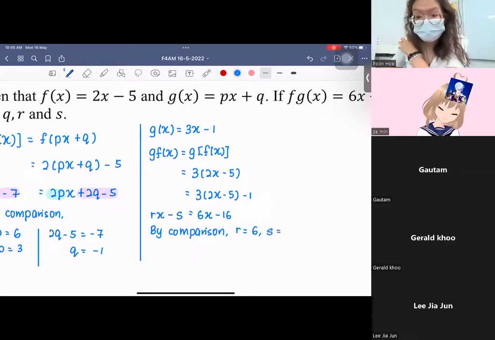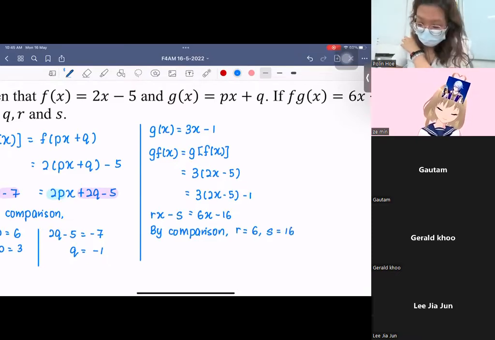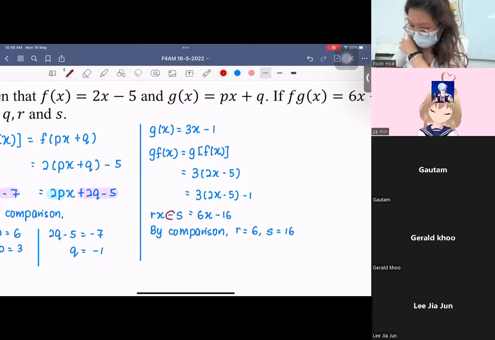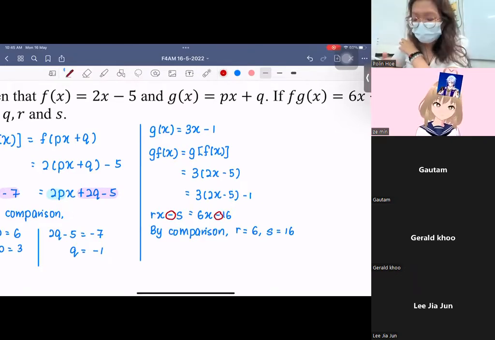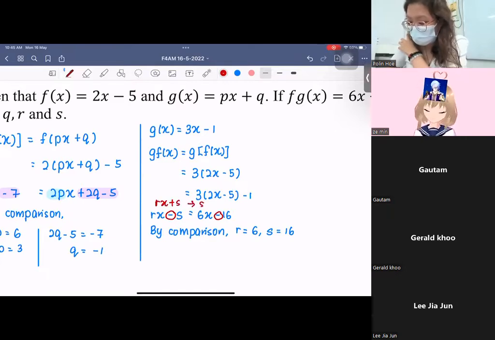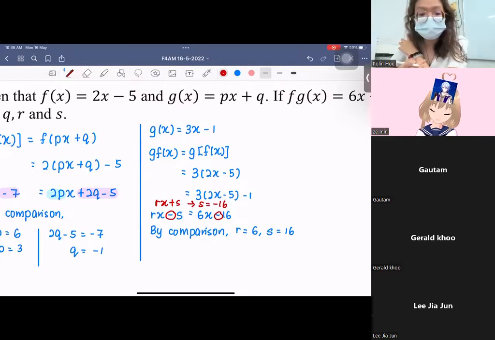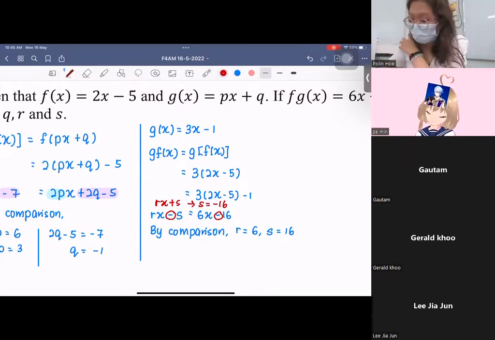S should be equal to 16, but not negative 16 because of this minus and minus. If today I tell you gf(x) equals rx + s, then your s should be equal to negative 16. Pay attention to this.